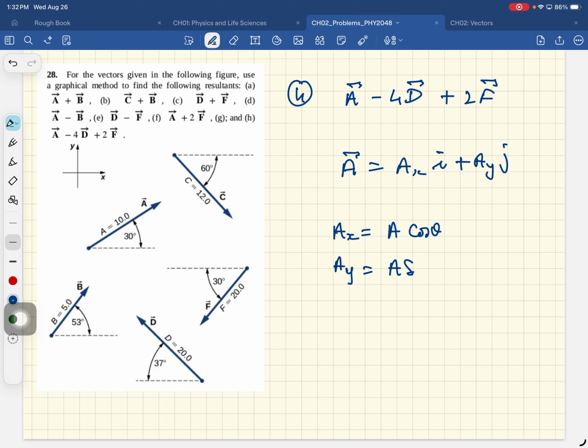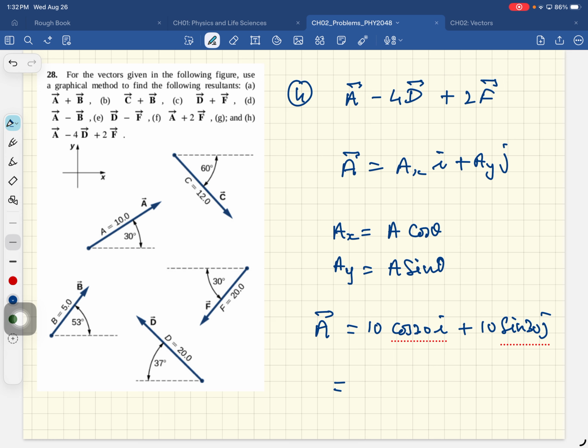Okay. So now let me apply that to this guy. So here's the hypotenuse, here's 37 degrees, and there's 20. So this is the adjacent side, so this is 20 cosine 37. This is the opposite side, this is 20 sine 37.